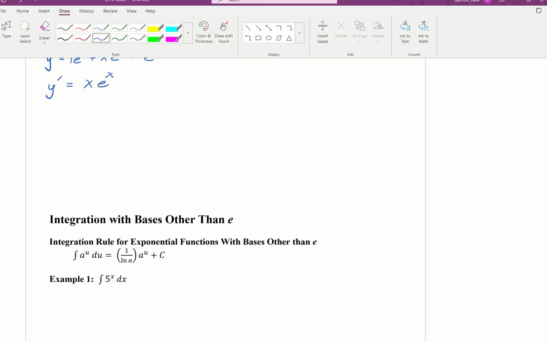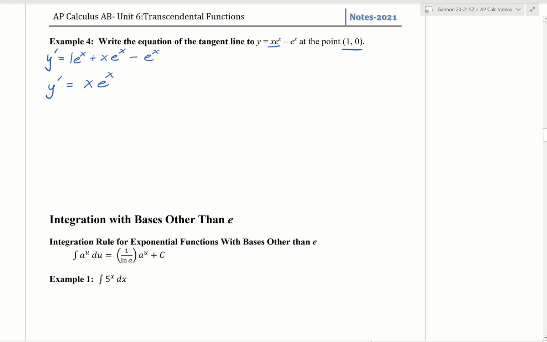Now, because we're trying to find the slope of the tangent line at a given point, we're going to need to evaluate the derivative at 1. So y prime of 1 is 1 times e to the 1, which is going to give us a value of e. At that point, you've got your slope, right? This is the slope of the tangent line.